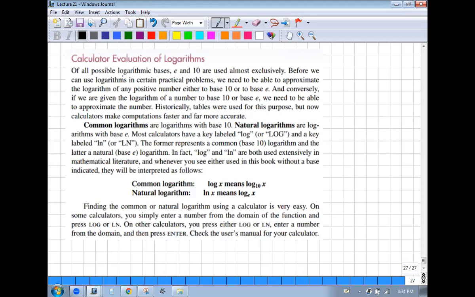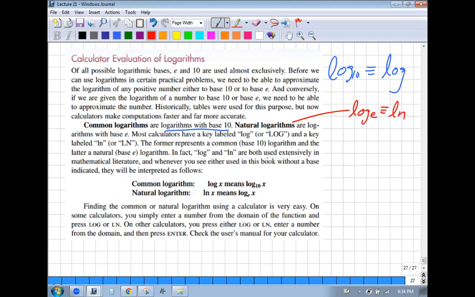Common logarithms are log base 10. So when you see log base 10, that's the common logarithm. That's why they often just write log. If they don't say the base, really it could be any base, but it's assumed that you mean log base 10 if you don't write the base. Okay. Natural logarithms are ln.